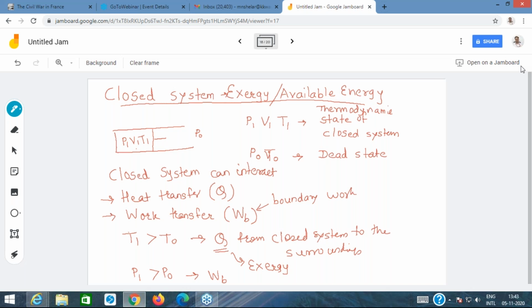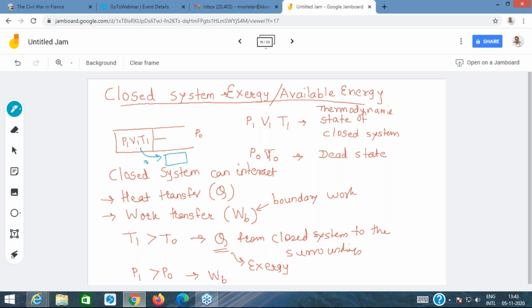Any answer? The exergy of the heat transfer can be found out by doing a thought exercise. What is that thought exercise? You assume that there is an engine, and that engine is not an ordinary engine, but a Carnot engine which is being supplied with this heat.